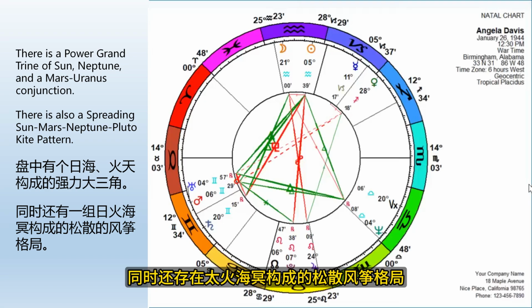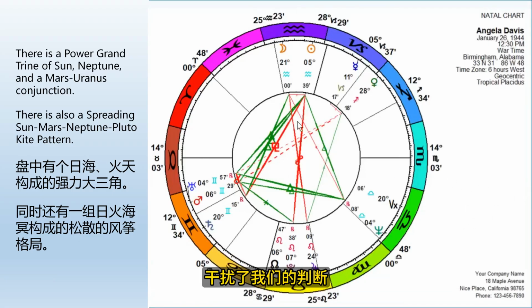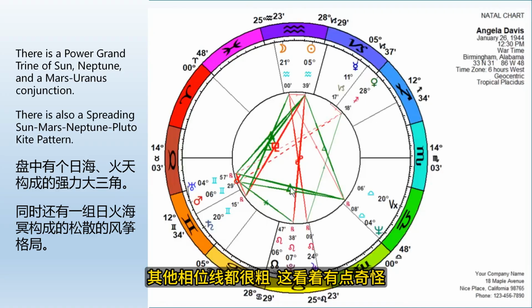There's also a spreading Sun, Mars, Neptune, Pluto kite pattern. And you might not notice this as clearly because all these big, strong oppositions might have clouded the view.